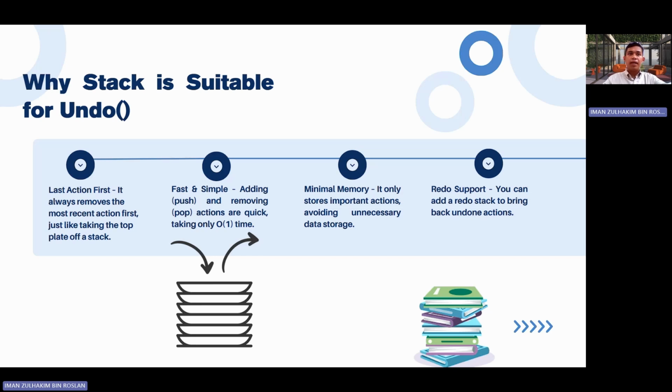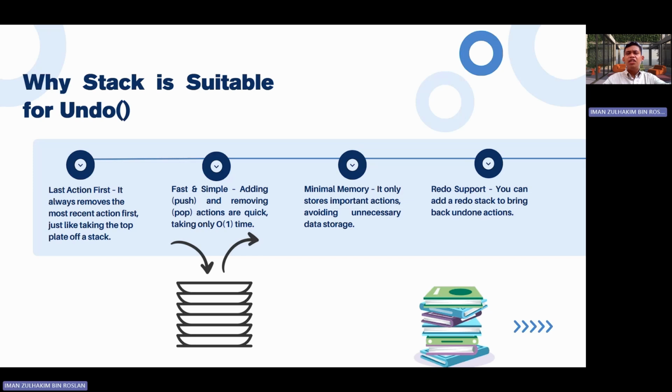In conclusion from my slide, the undo and redo system is more than just a convenience feature. It's a great example of how smart design and data structures enhance usability. The stack helps applications keep track of user actions, reverse them, and even allow the user to go forward again.